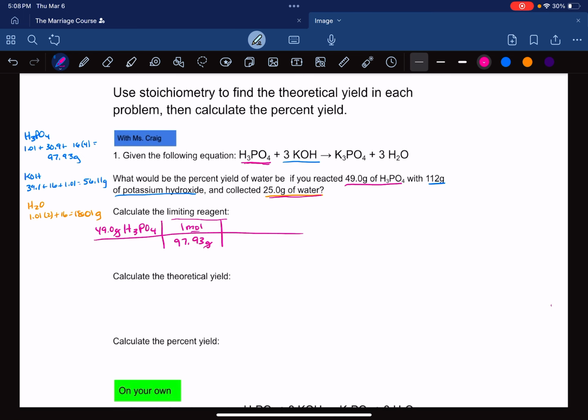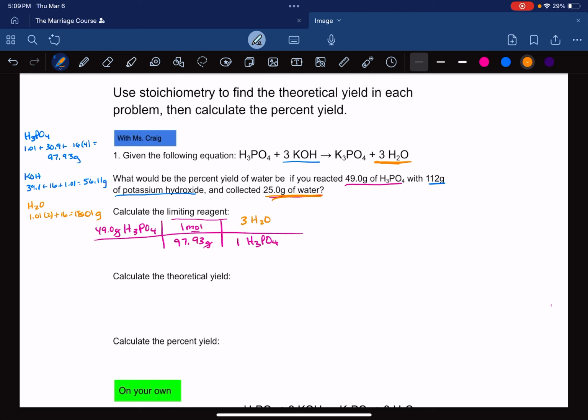Okay, so I'm going to cancel the H3PO4. I'm going to pull it exactly like I see it here with one as the coefficient. And then I'm going to plug in my water. And I see it here with a 3 as a coefficient, so that goes on top.